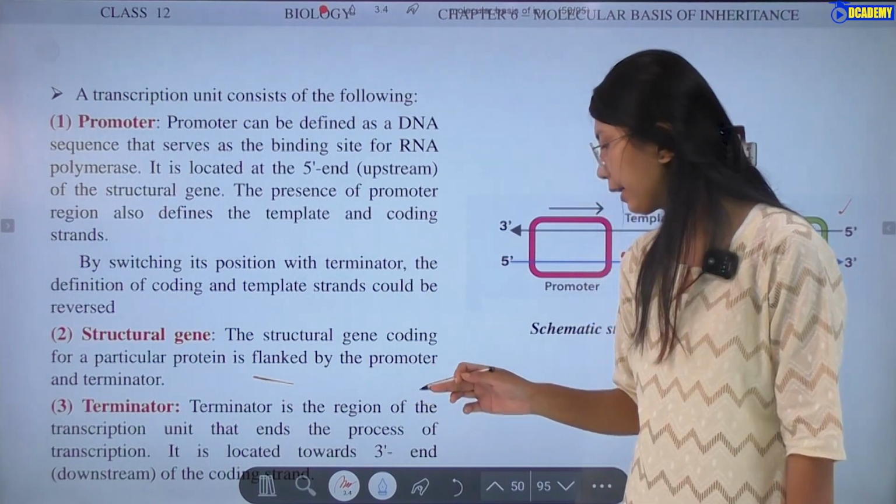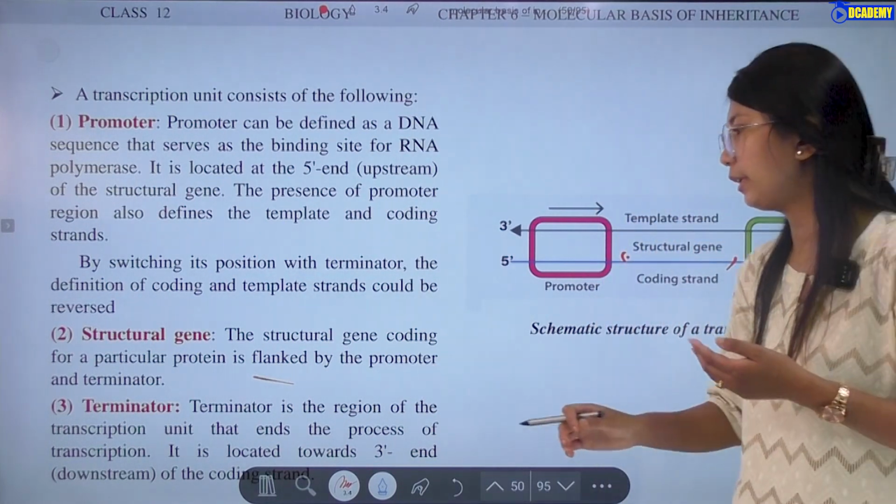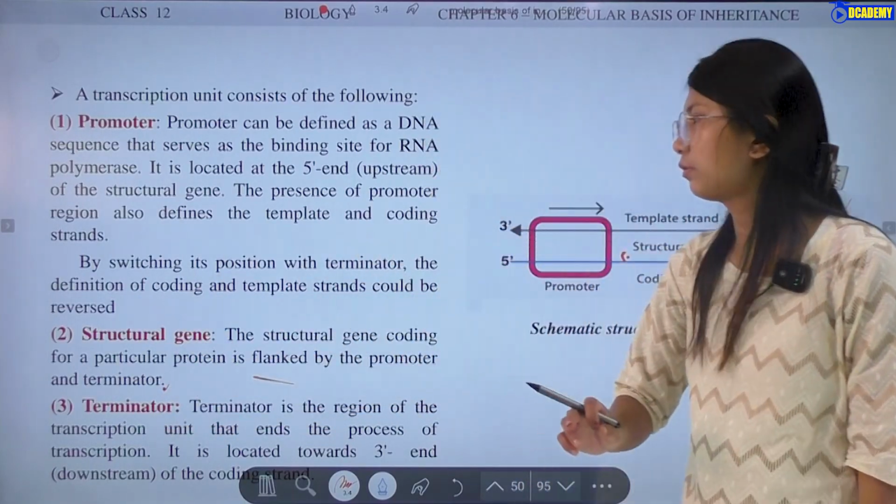The terminator is the region where transcription ends.